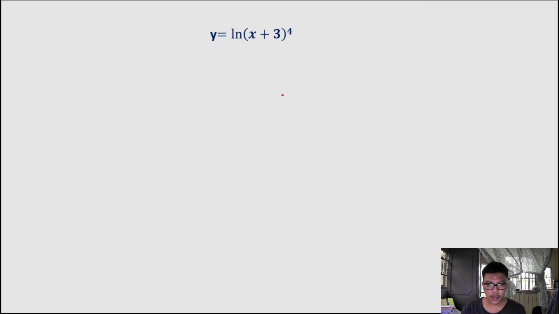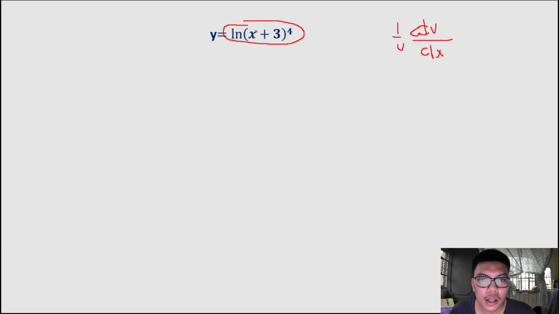So, another example, so we have ln x plus 3 quantity raised to 4, no? So, paano natin kukunin to? So, yung ln natin, yan ay 1 over u times du over dx, di ba? Okay. So, general power lang muna, no? So, since yung ating ln, ang naka-square ay yung kanyang laman, ano? Yung ating x plus 3, yun yung naka-square, no? So, parang ano lang din yan sa trigonometric function.